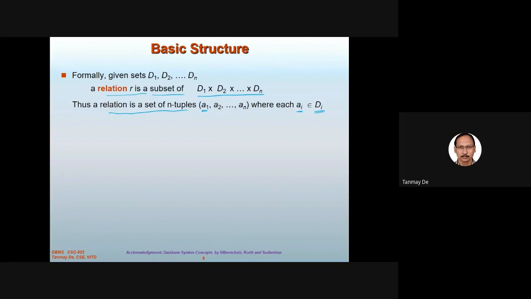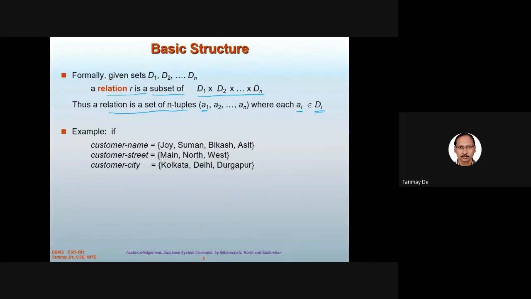For example, say the attributes are customer name, customer street, and customer city, with domains D1, D2, D3. The domain of customer name is, say, Joy, Sumon, Abhijit, and so on.